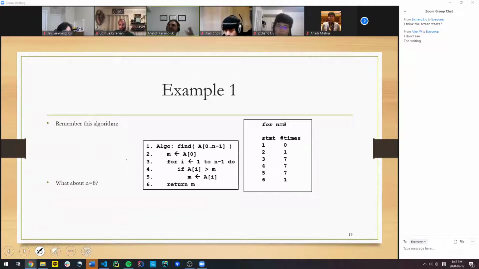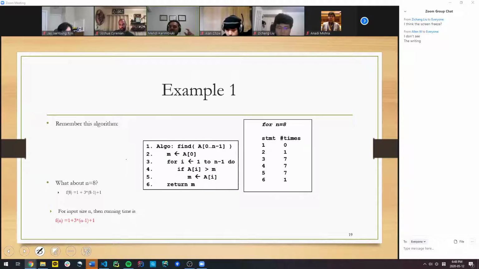So if we increase it from 3 to 8 now, we see a pattern. The pattern is that line number 1 is never executed, line 2 is executed once, no matter what, and the last line, line number 6, is also executed once.